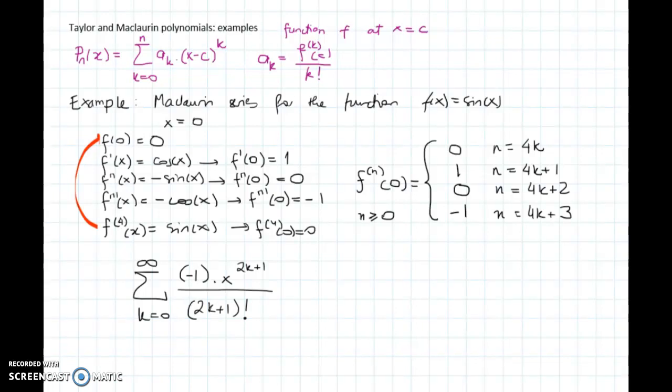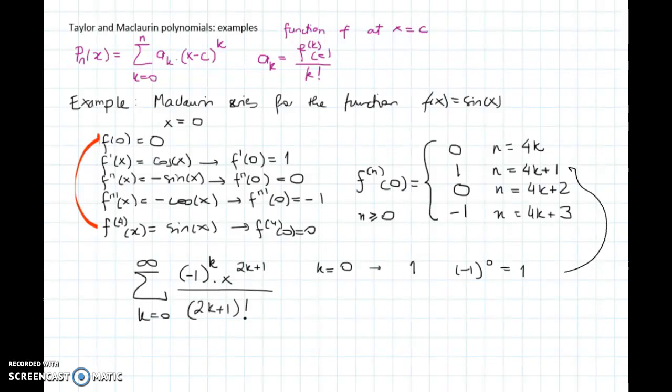And this we can achieve just by considering this exponent k. Let's check here. When k is equal to 0, we are talking about the term that corresponds to 2 times 0 plus 1, so it corresponds to 1, and that one is going to be negative 1 to the power of 0, which is 1, as we wanted.